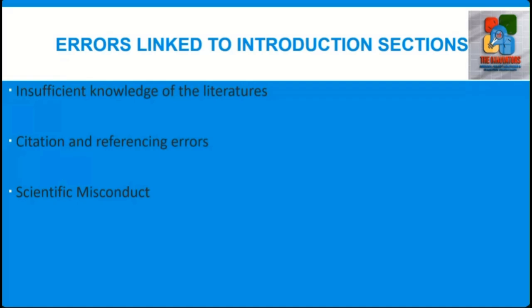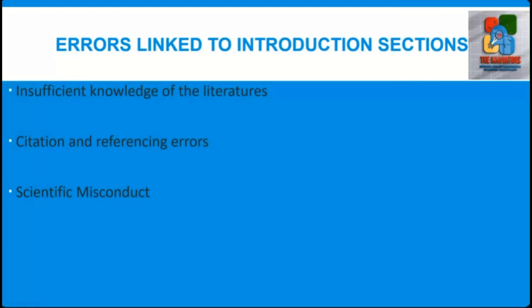Sometimes writers rely on too few references or outdated studies, and this weakens the scientific background of your work. Another one is poor citation and referencing. This is related to the first one: missing citations and inconsistent referencing style.